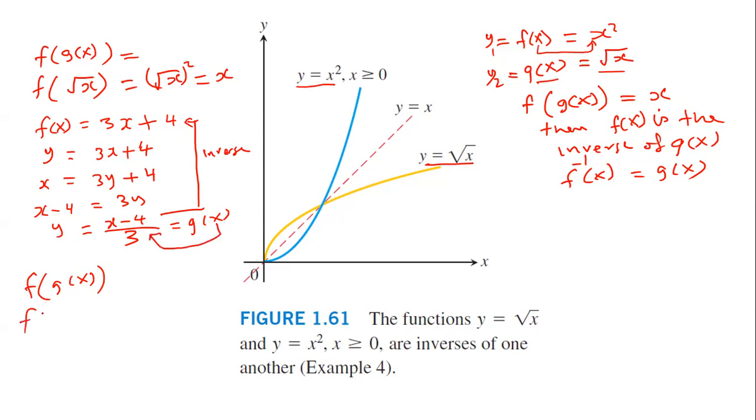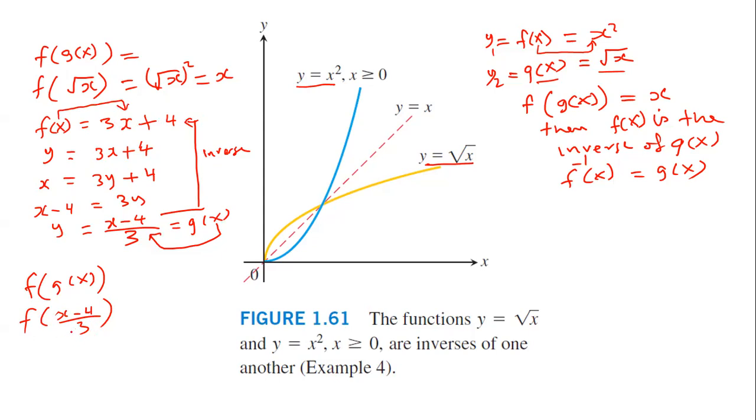So we'll say f of x minus 4 divided by 3. Okay, so this is f of this. But then we know that the function f of x does this. That means whatever is the parameter, we multiply the parameter by 3 and add 4.